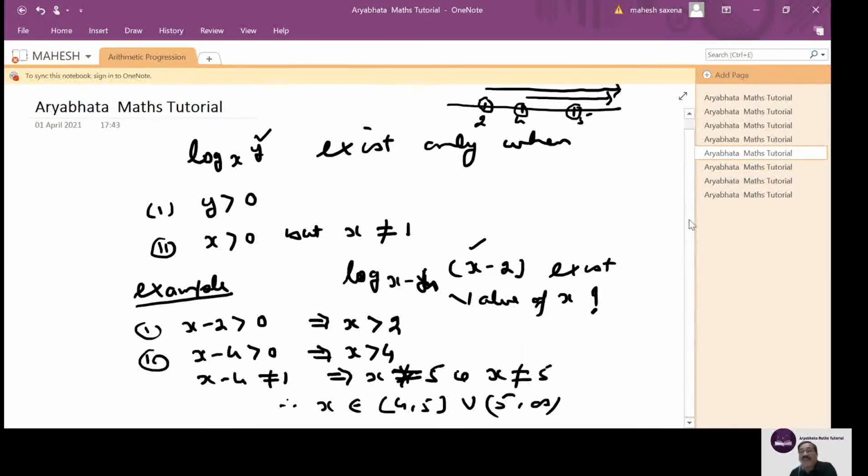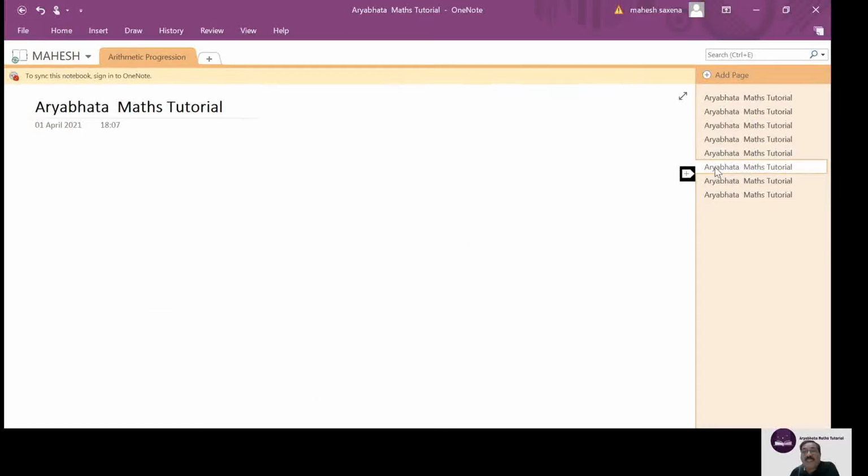Now I am taking another example. Suppose log base x of x minus 3 exists, then what should be the value of x?